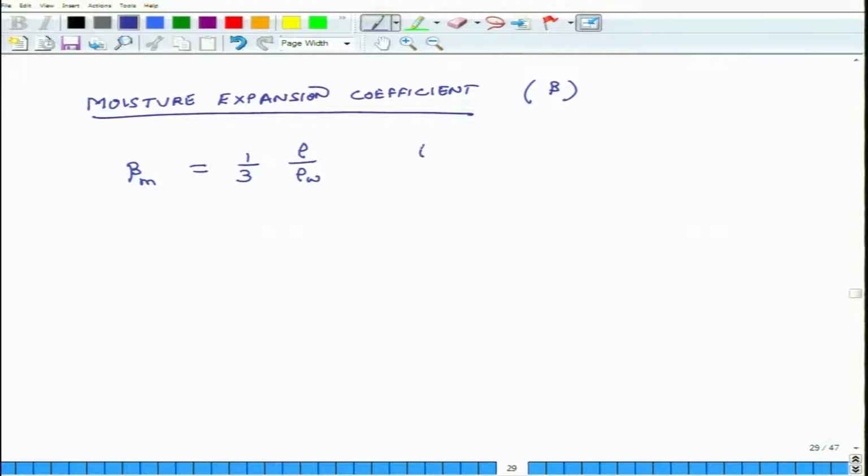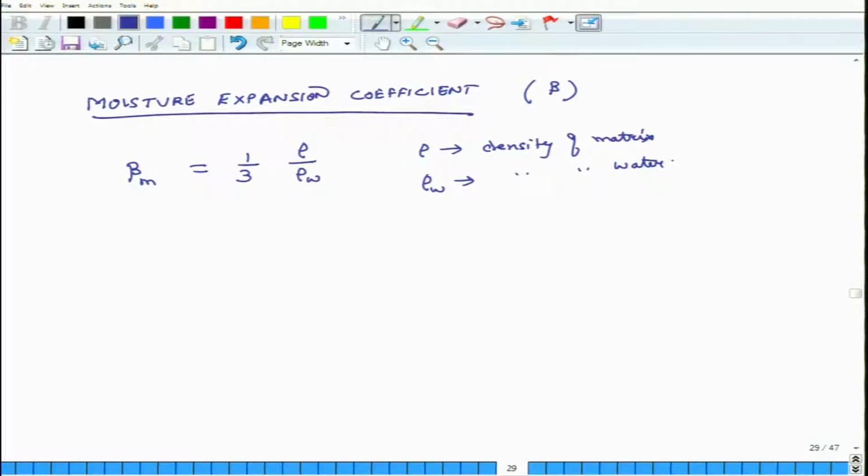What is rho? Rho is the density of the matrix after it has absorbed moisture. So, if it absorbs more moisture, beta will become larger and so on. And rho W is the density of water.